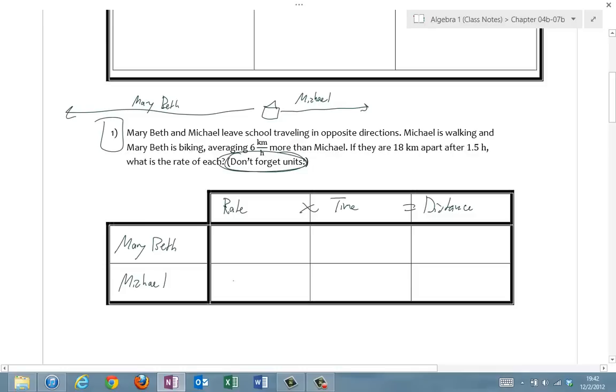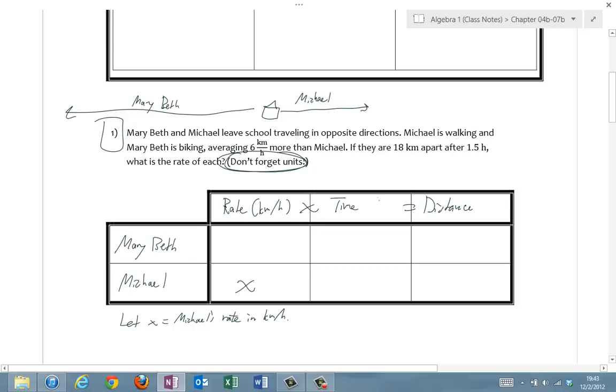So Michael's rate, let's call that x. And just for the purposes of this, I'm going to say let x equal Michael's rate. Units need to be present, so we're going to say in kilometers per hour. And if you don't put a let statement, we need to put rate up here, kilometers per hour.